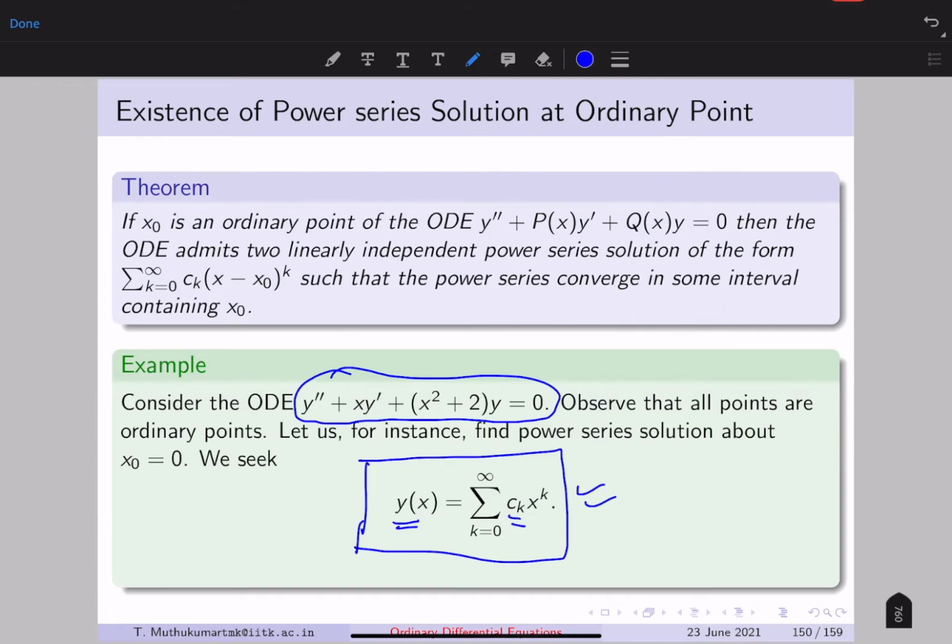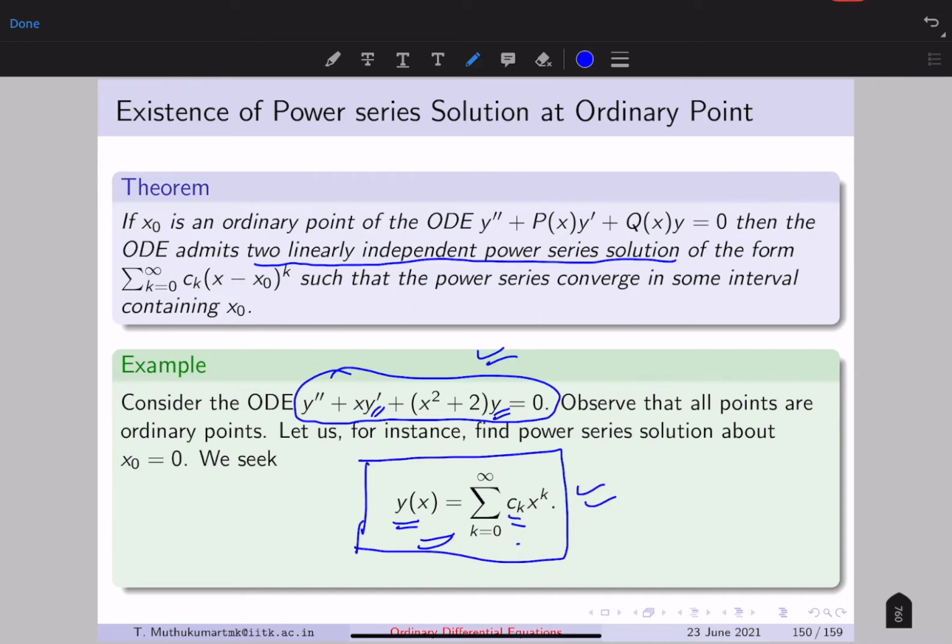But in this case it's an ordinary differential equation. We are not given any initial condition, so we need to find the general solution, right? Basically we need to find two linearly independent power series solutions. So what you do is plug this information into this ODE. Wherever you have y, you use this power series. Wherever you have y prime, you use the derivative of this power series.